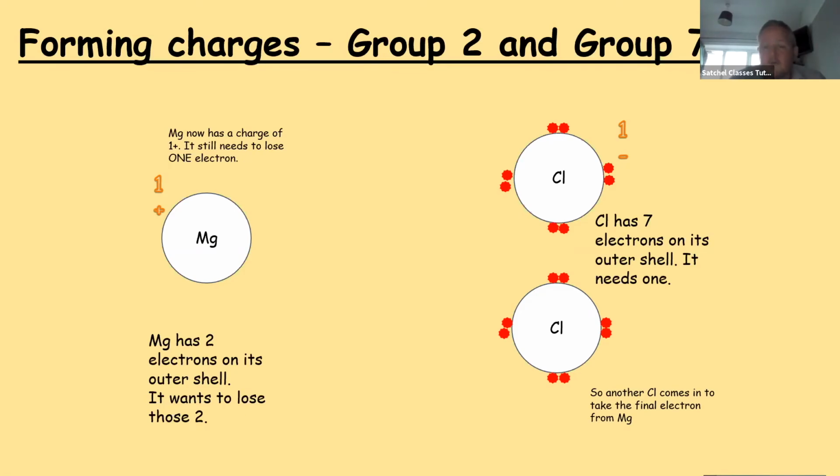And this then means that that now also has a charge of -1, but the magnesium has lost 2 electrons to become +2 charged. So I have +2 magnesium, and I have 2 -1 chloride. That then gives me an overall charge of 0. These 2 attract, and we form an ionic bond between them.